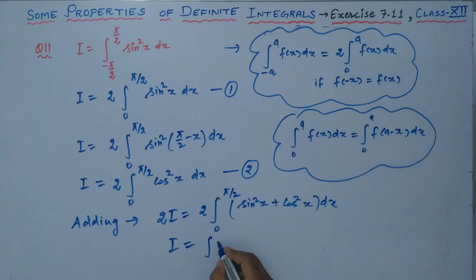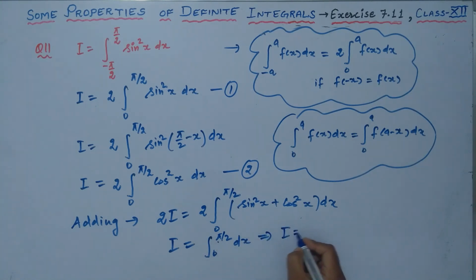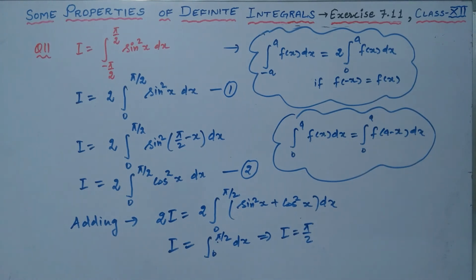So integration of 0 to pi by 2 of 1 is x, that means I is equal to pi by 2, which is the final answer of this question.